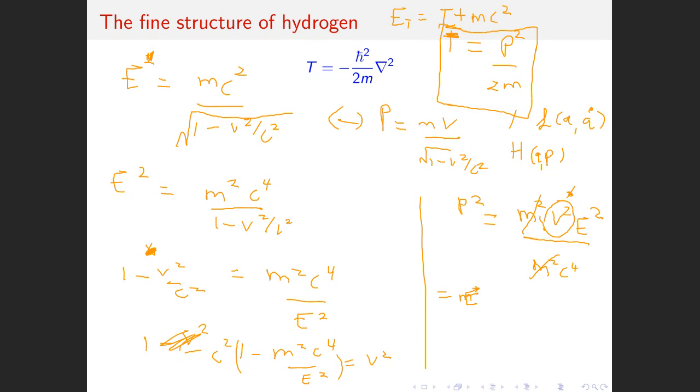You get E²/c² times v²/c², which is given by 1 minus m²c⁴ over E². So this gives you E²/c² minus m²c², and this is equal to p². Now you can solve for E, which is the final expression that I need.